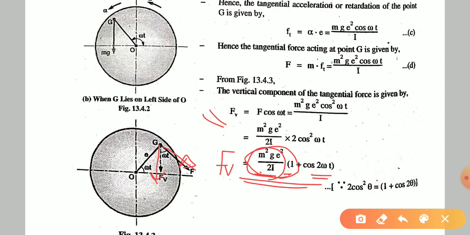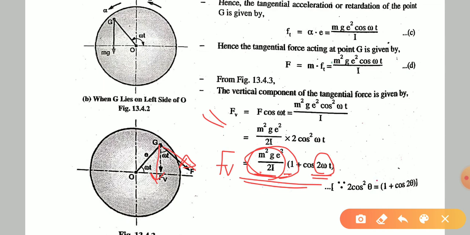And the second part has 2 omega t, which is the variable part having frequency 2 omega, and hence if the shaft is running at a speed of omega n by 2 or omega c by 2, half of the critical speed, the variation of vertical force occurs at the frequency omega n or omega c.